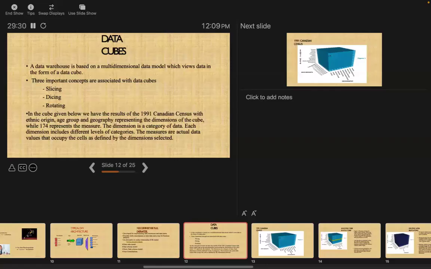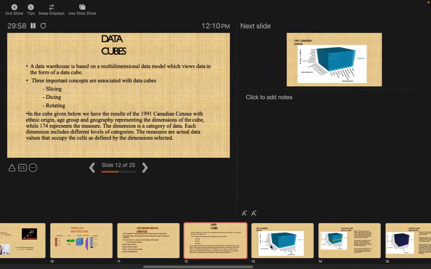We consider it as a multi-dimensional data model which views the data in the form of cubes. Cubes we know, right? And some concepts are associated like slicing, dicing, and rotation. These are operations we perform on the cube to find the particular data we are interested in.